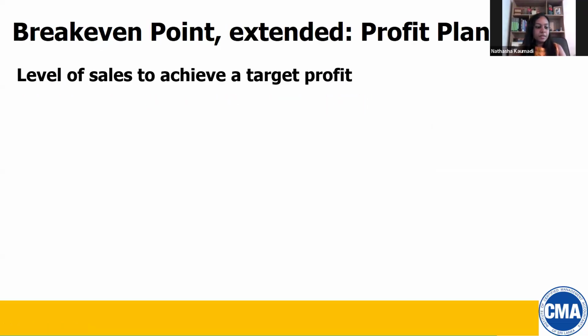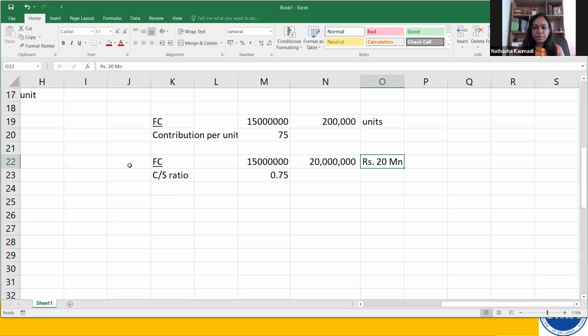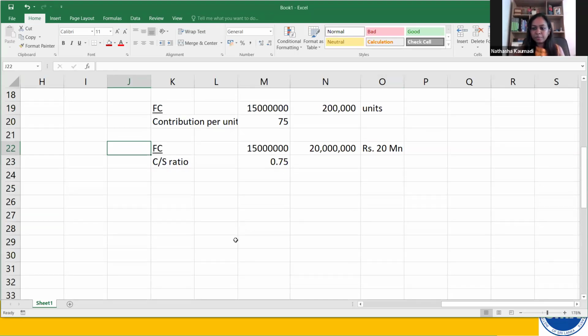Right. Last concept before the break. I'm not actually discussing the multi-product method here, but we can use multi-product methods as well. If you have multiple products, you have to use a mix of products, and then you calculate these contributions, and there's a different way of calculating these things for a mix method.